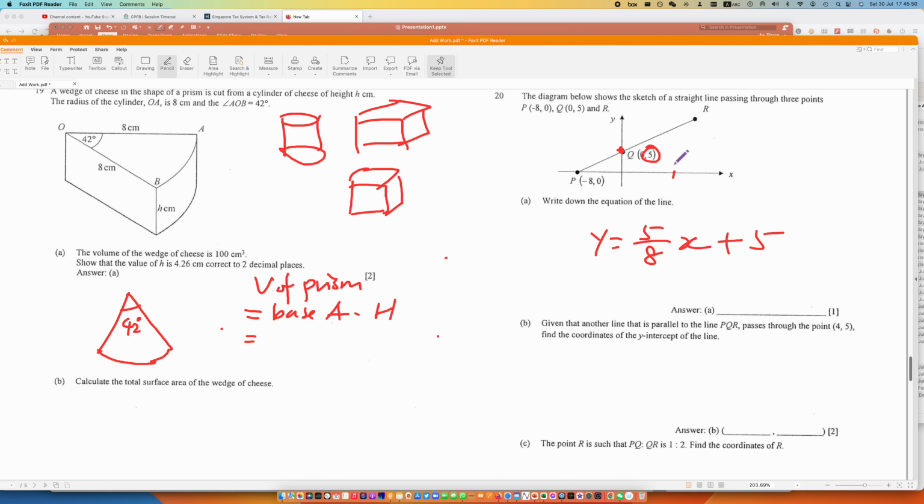So let's say (4, 5) is here. If you want to draw a parallel line, it should be something like this. I don't know whether it will cut through (0, 0), I just assume. You understand me or not? So you need to find out again. So let's say this one. How do you find this point?